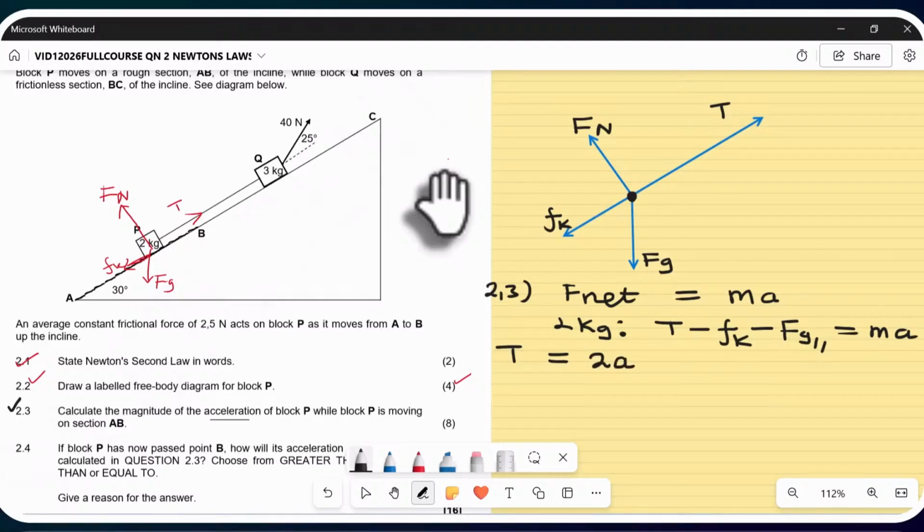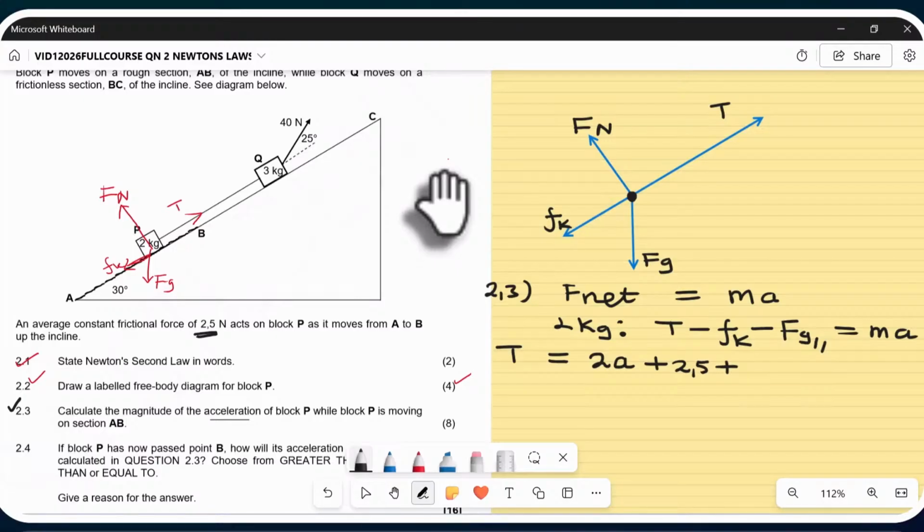And then also the Fg becomes positive, given by mg sin 30. The mass is 2, the g is 9.8, then sin 30.